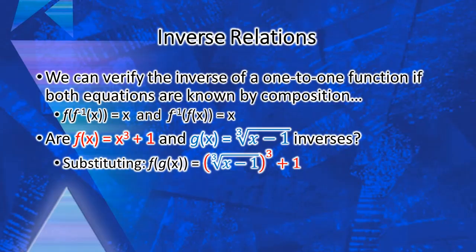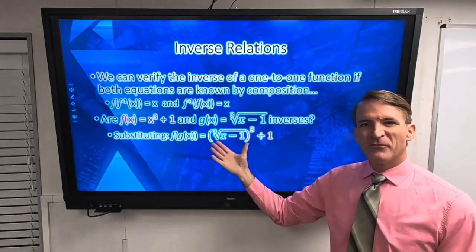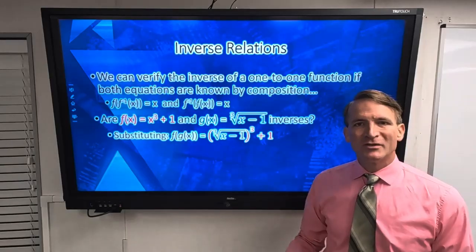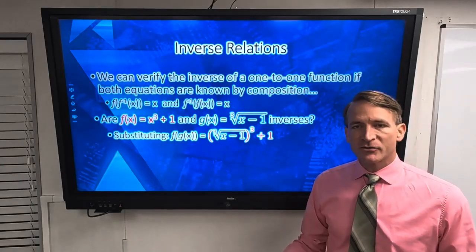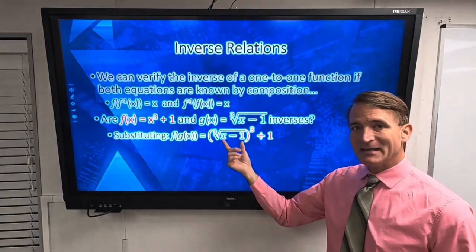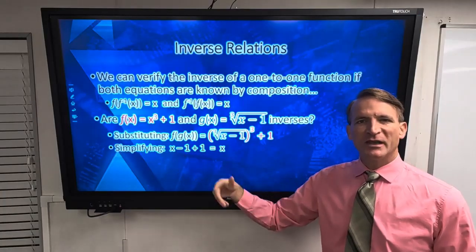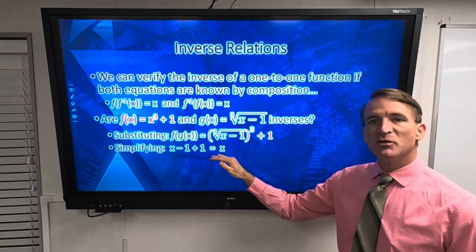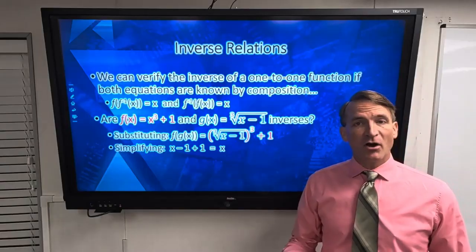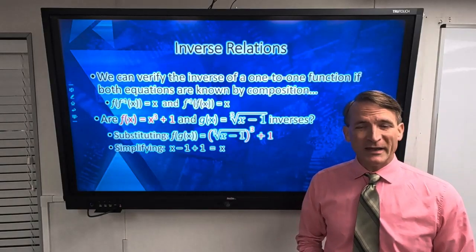And so that makes it the cube root of x minus 1, quantity cubed, plus 1. Now, if I cube a cube root, it basically undoes each other. So that leaves me just what my radicand is, which is this x minus 1 piece. So I have x minus 1 plus 1. Well, the minus 1 and the plus 1 cancel each other out, and I'm left simply with x. So far, it seems as though I've got the right answer.